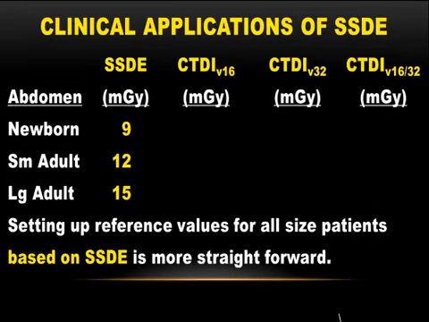So maybe a better choice is, let's pick some reference doses based upon estimated patient doses. 9, 12, and 15 milligray might be reasonable reference doses for the abdomen of patients. And now if I go back and look at the CTDI based upon the 16 centimeter phantom, I have 8, 15, and 35. If I look at the 32 centimeter phantom, I've got 4, 7, and 16.